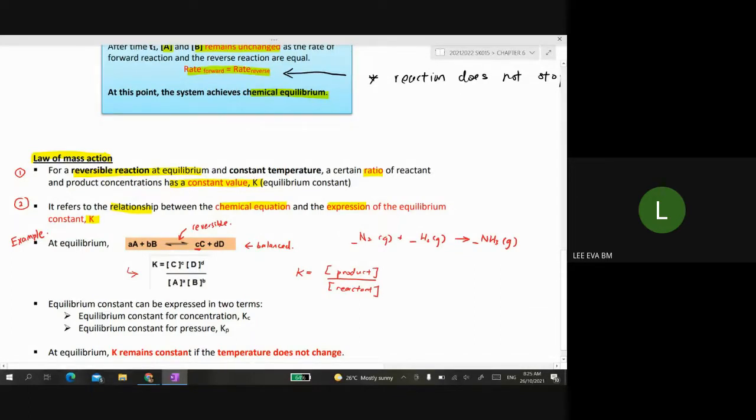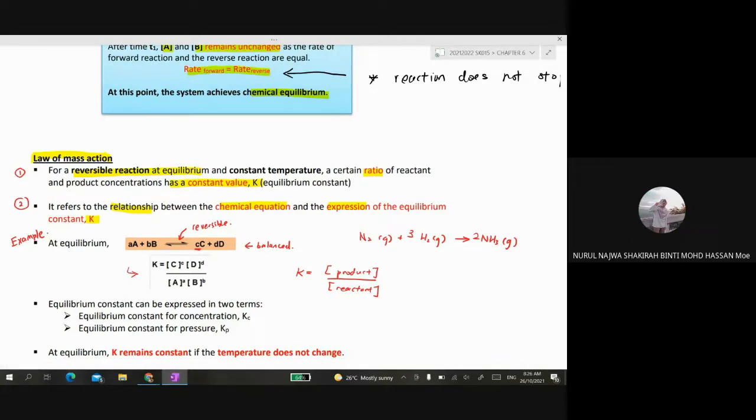How am I going to balance the equation here? 3H2, and 2NH3. So 1 and 2, the 1 we don't have to write over there. So we have nitrogen gas, hydrogen gas with 3, and then ammonia gas. Does everyone agree?